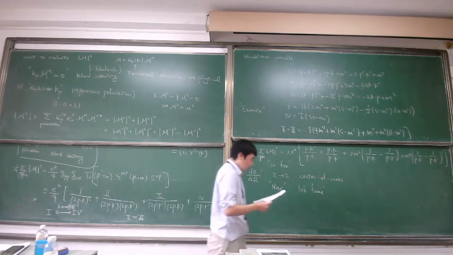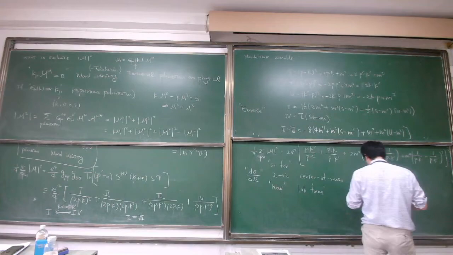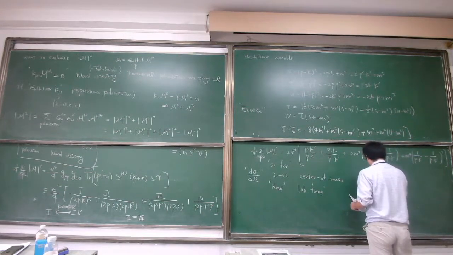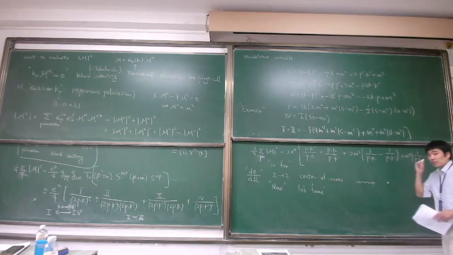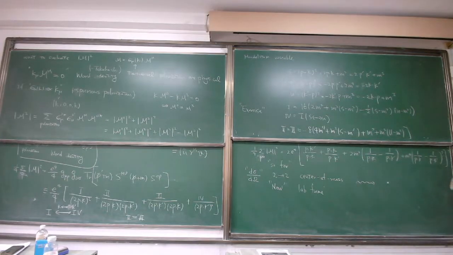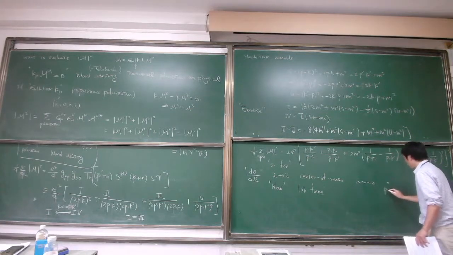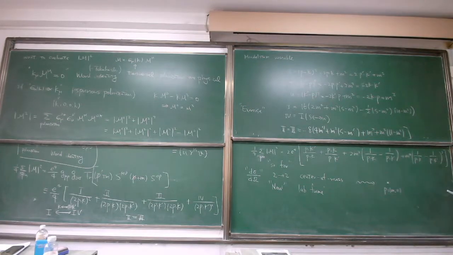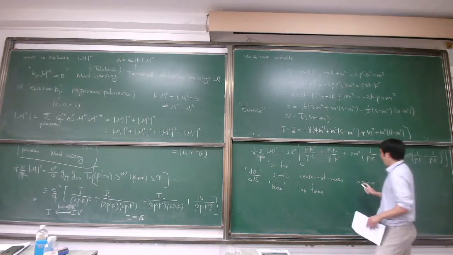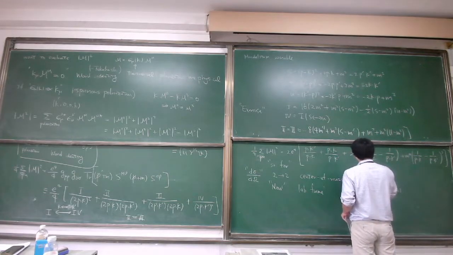Lab frame is where the photon just hits the electron, which is at rest. That frame is just the rest frame of the electron. So p is equal to m and the momentum is equal to 0, and k is just omega z-hat.